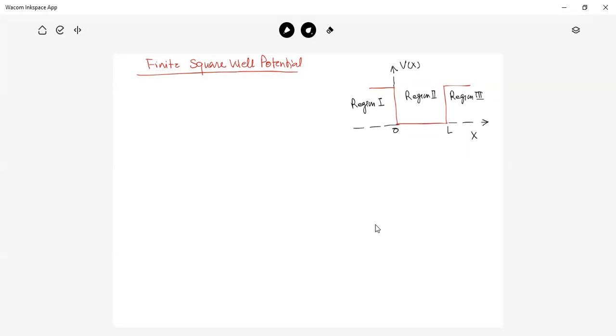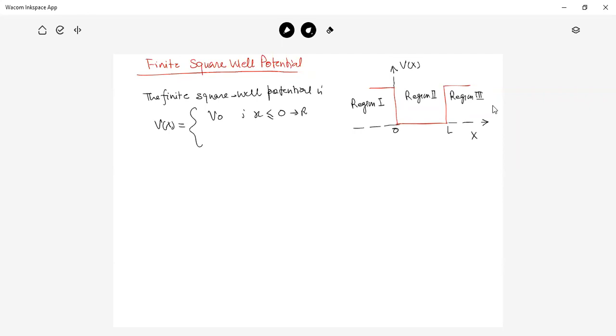So the finite square well potential V(x) is equal to V0 when x is less than or equal to 0.